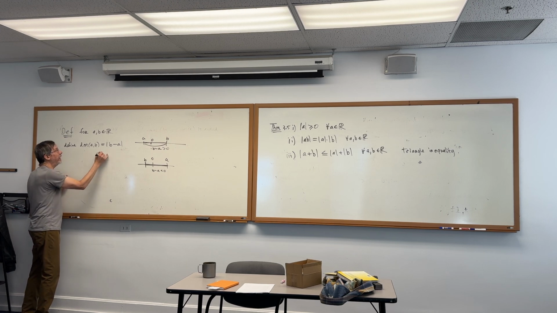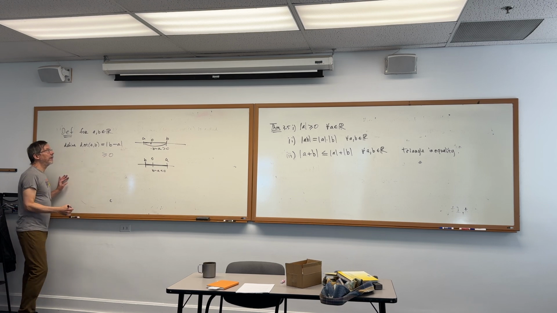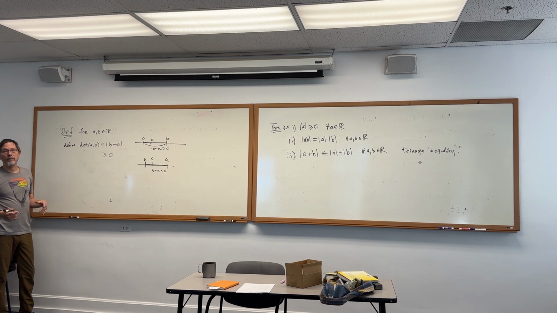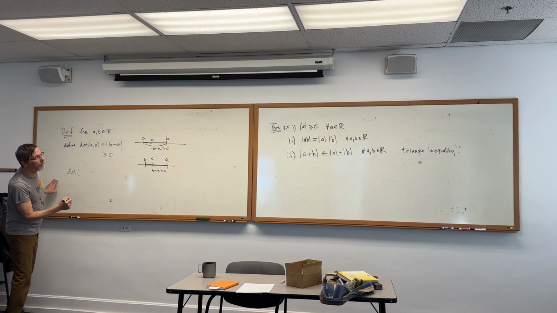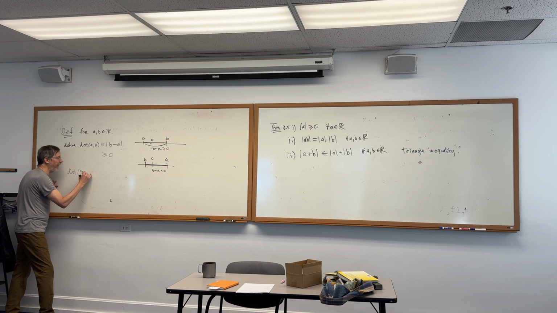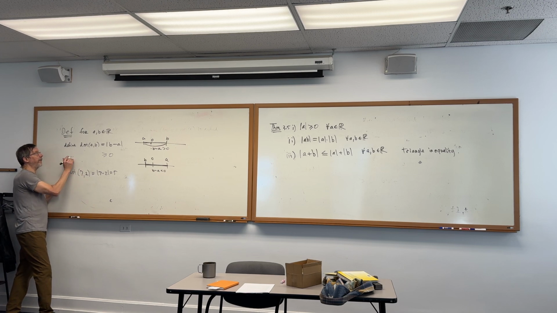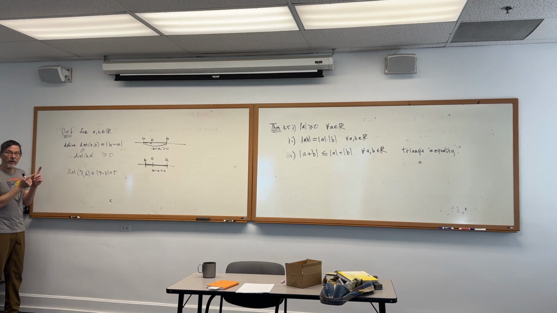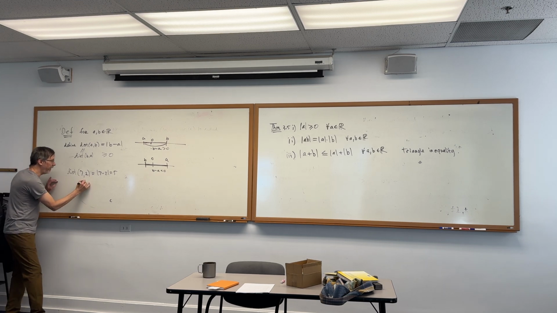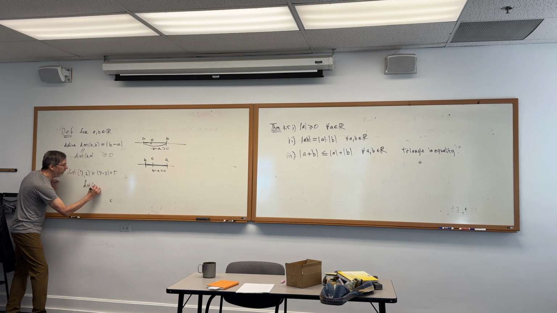So this thing right here is always greater than or equal to 0. What's the distance between, let's say, 7 and 2? The absolute value of 7 minus 2 is 5. Notice how the distance from A to B is equal to the distance from B to A as well. It's a symmetric relationship because of that absolute value. So this is equal to the distance from 2 to 7.